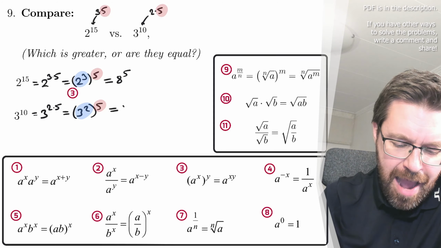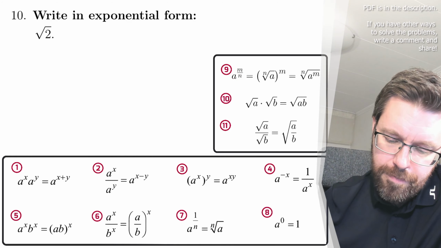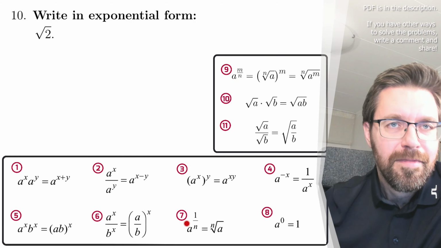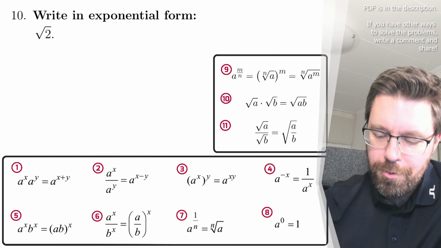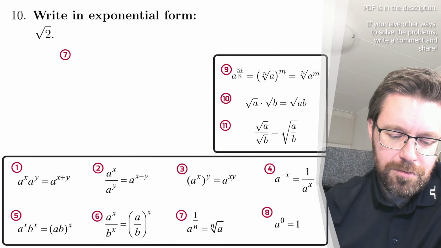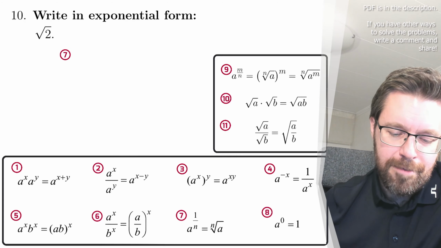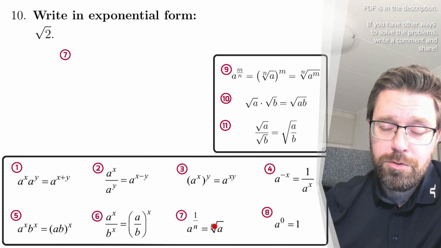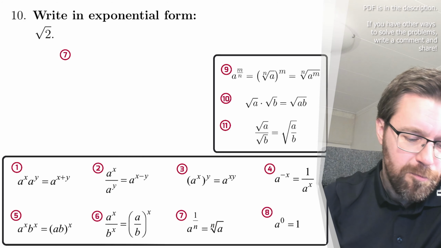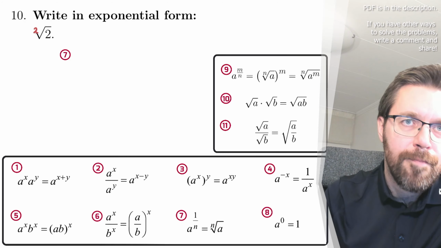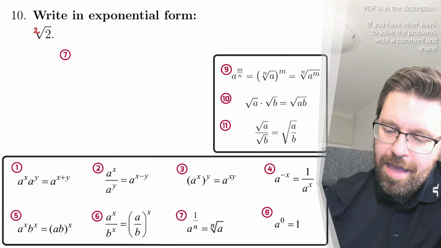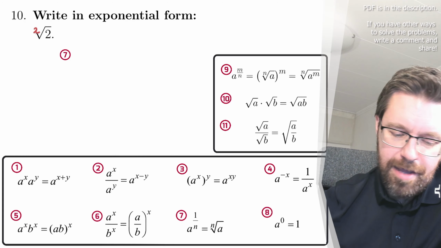Question 10, write in exponential form. And this is an easy question. You can use rule number 9 if you want to, but rule number 7 is an easier one. So rule number 7, from right to left, tells me that I take the number of the root, and this is the square root, an invisible number 2 here, and rewrite it like this.